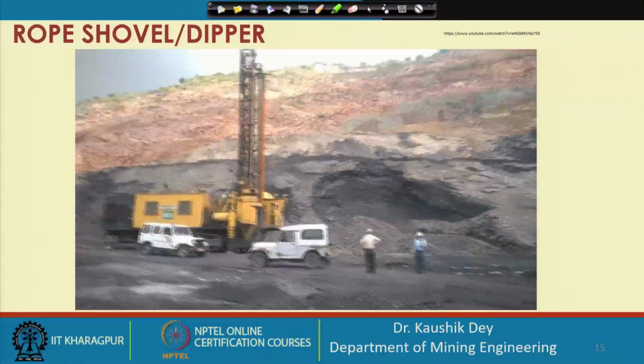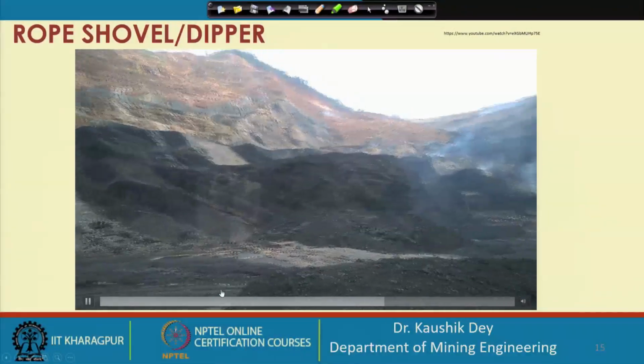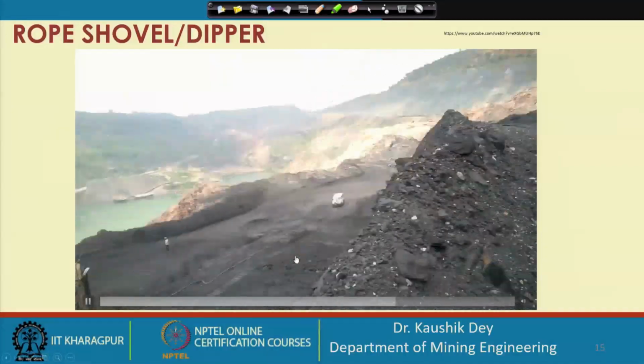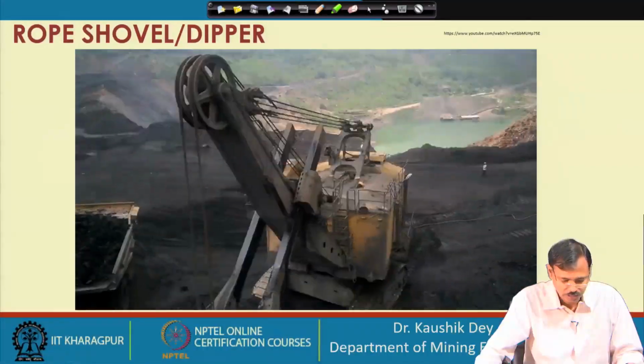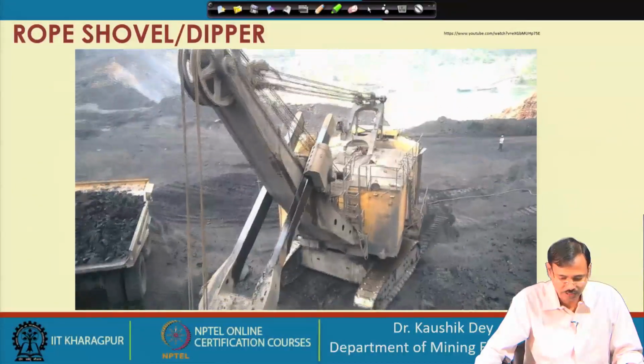And this is also allowing the controlling of a very good bench floor. So, you can see the angle at which this excavator is operating.